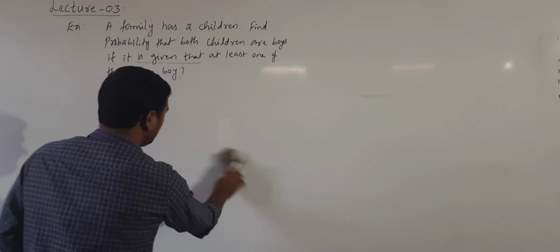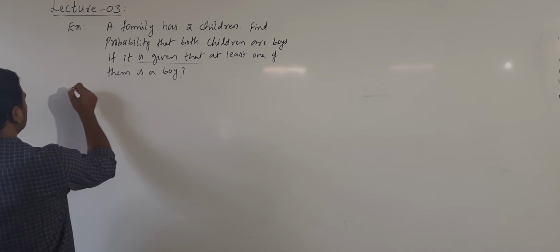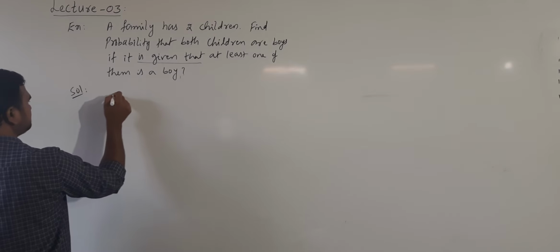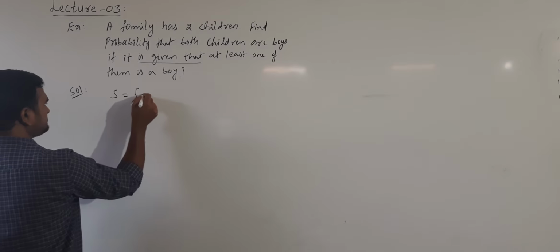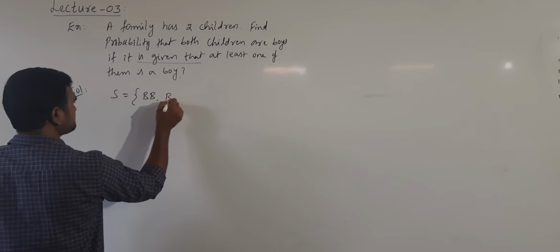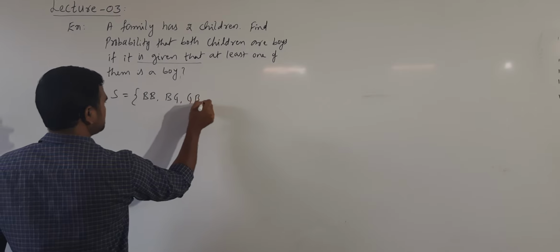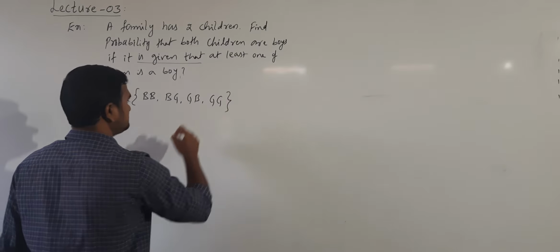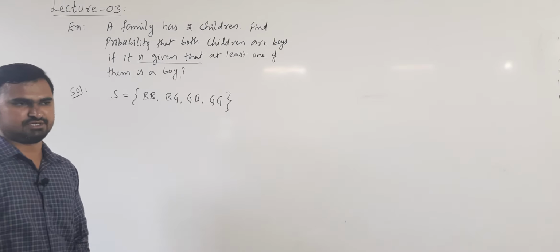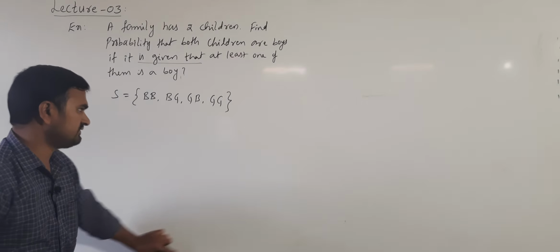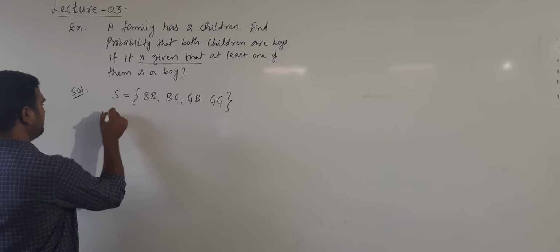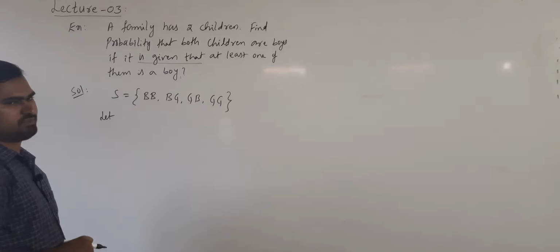So let us take the 2 events. What will be the sample space? All possibilities: both are boys, BG, GB, GG. So these are the 4 possibilities. Now let us define the events. Which event's probability are we finding?